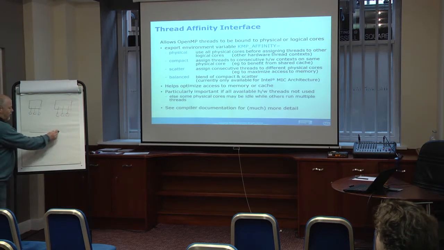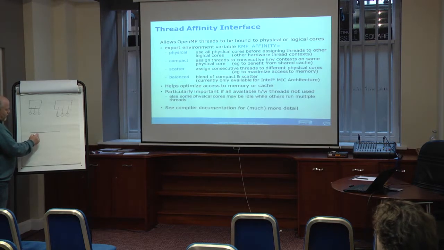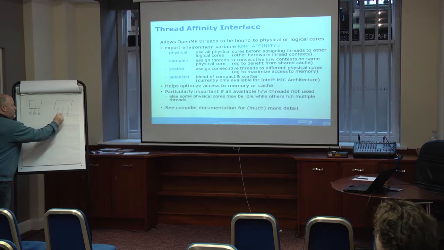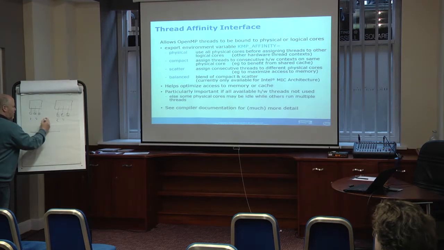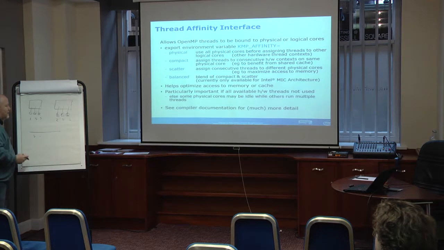And so you've got a program, and if you make your program parallel, then when it's running in parallel, let's say it's got 6 threads that run at the same time. You could have them allocated like that, 4, 5, 6. Or you could decide that you want the threads done 1, 2, 3, 4, 5, 6, or some other way of doing it.